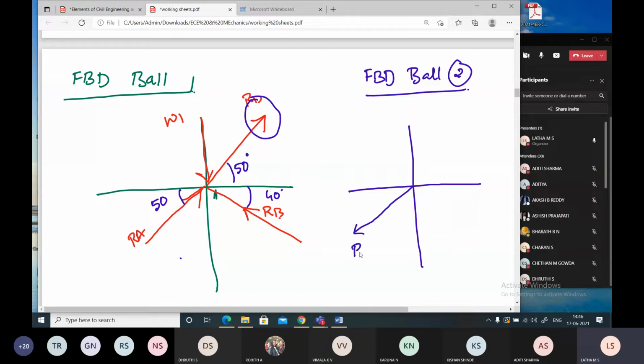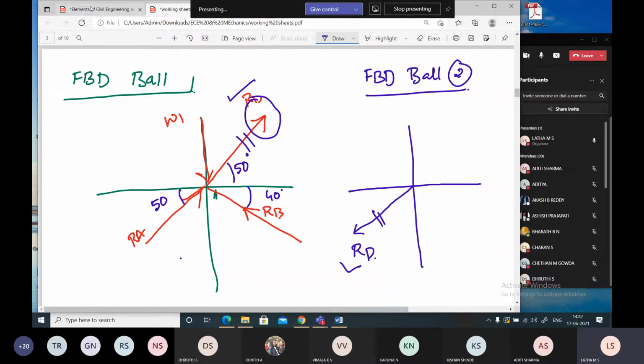RD is moving up here and moving away here. You can see both are parallel and opposite. Here also RD, here also RD, but both are equal and opposite.